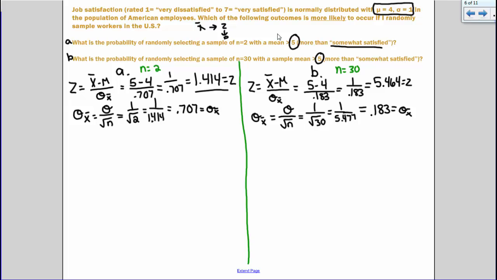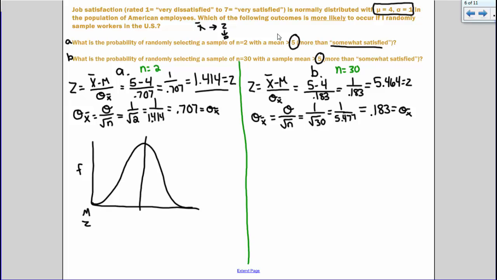All right, so we want to know the probability of randomly selecting a sample with a mean greater than 5 when we have a sample size of 2 versus a sample size of 30. So let's go ahead and sketch out our distributions first. Got our frequencies here. We'll represent our sample means and our z-scores here. And we've got our normal curve. Our population mean is 4, and that has a z-score of 0.